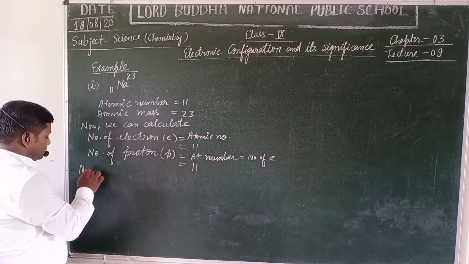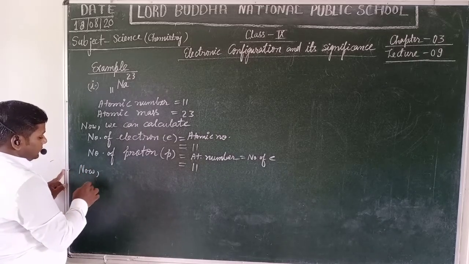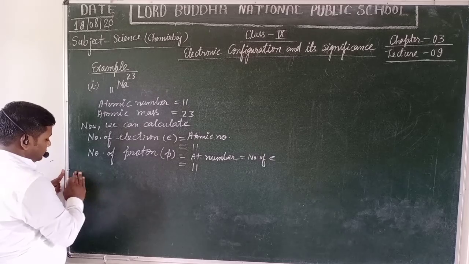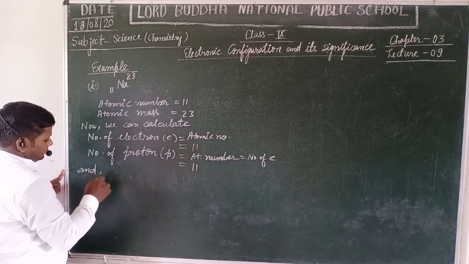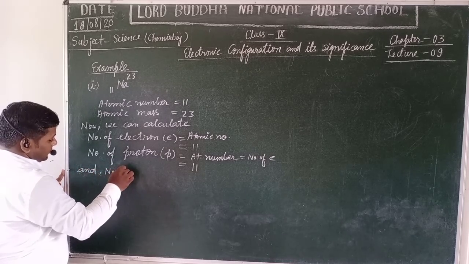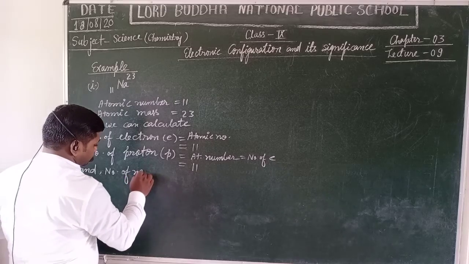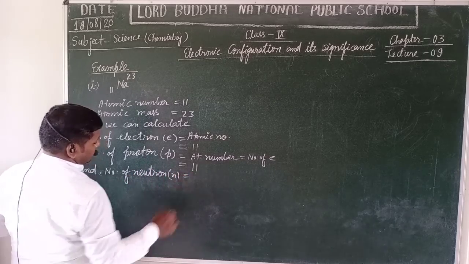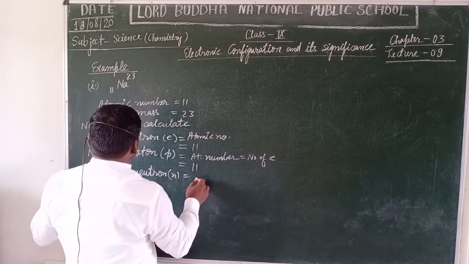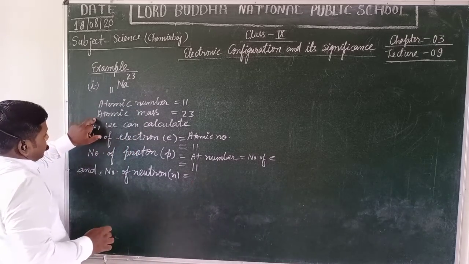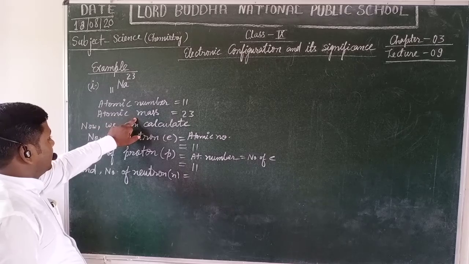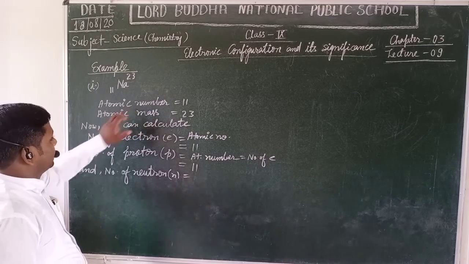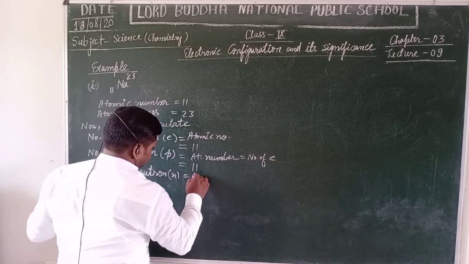Now, number of neutrons N is equal to the atomic mass minus the atomic number.